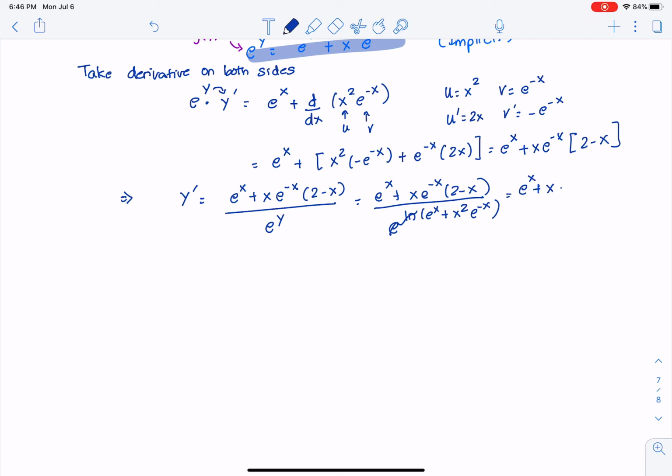From above, we know e raised y times y prime equals that.